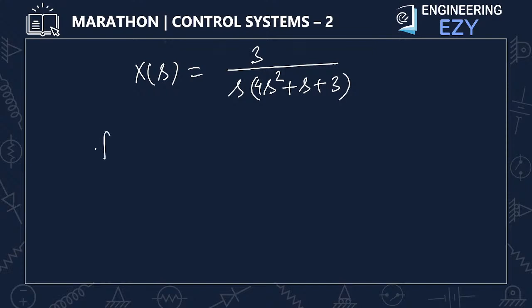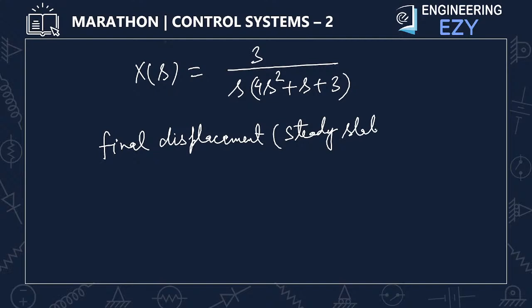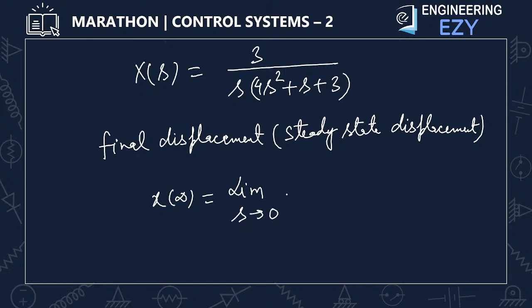So the final displacement, which is also called steady state displacement, we get x(infinity) is equal to limit s tending to 0 of s times X(s).